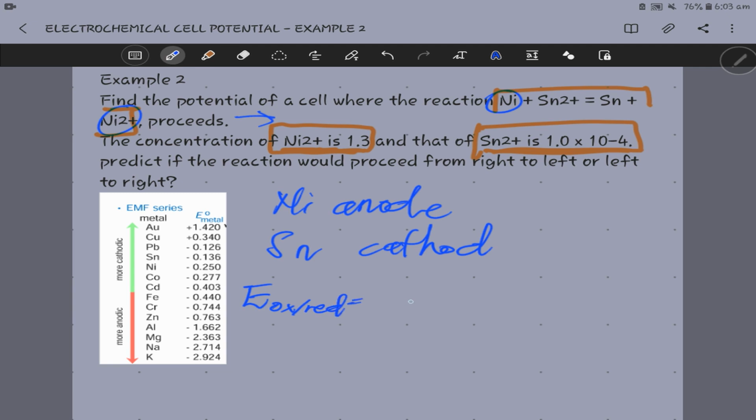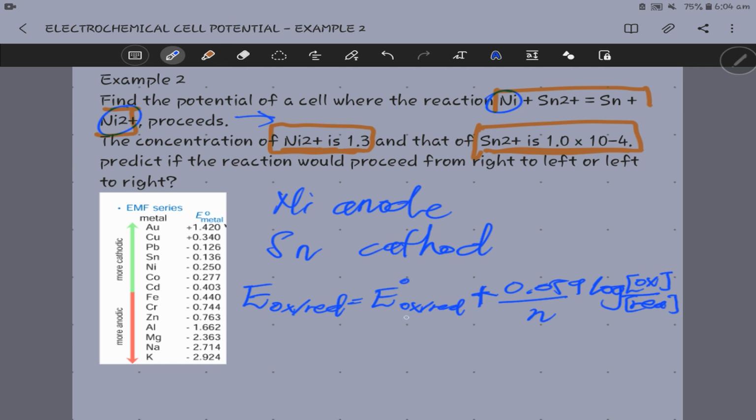So we have E cell, E standard of the cell, E standard of the Oxford, plus 0.059 log, oxidized state over reduced state.